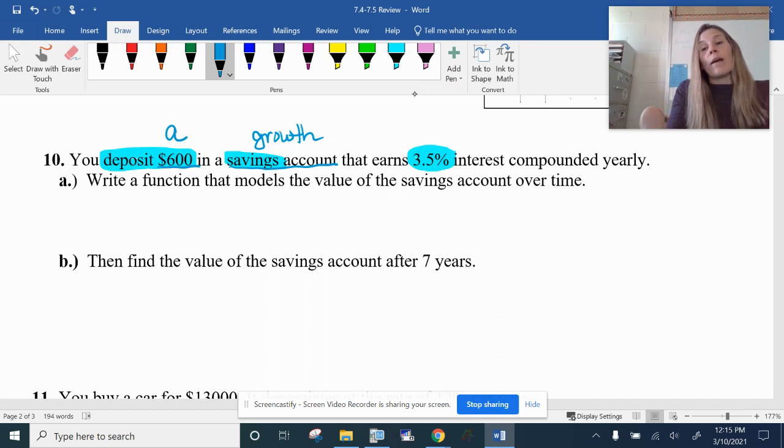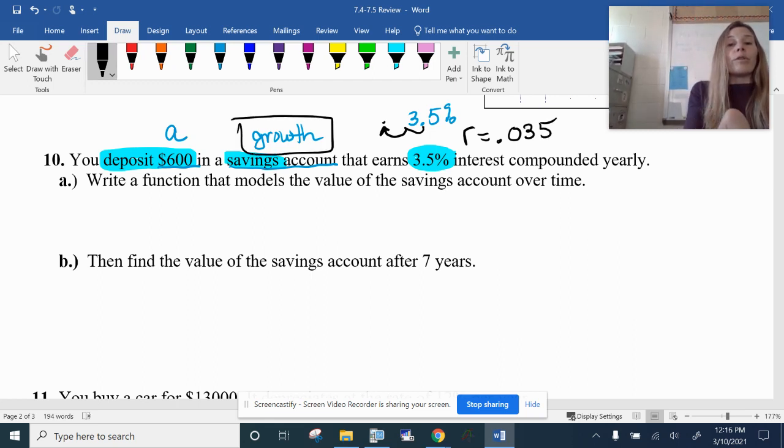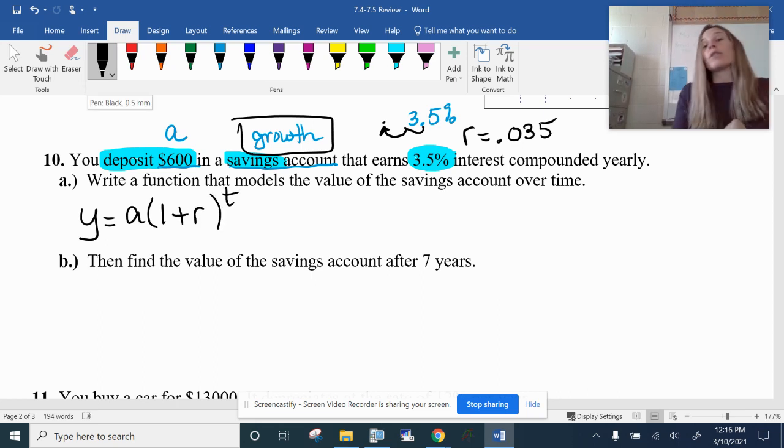And 3.5% interest, right? If we move this decimal over 2 places, then that means the R equals 0.035. So the growth model or formula is A times 1 plus R raised to t. So your growth factor you achieve by adding 1 to the rate written as a decimal.